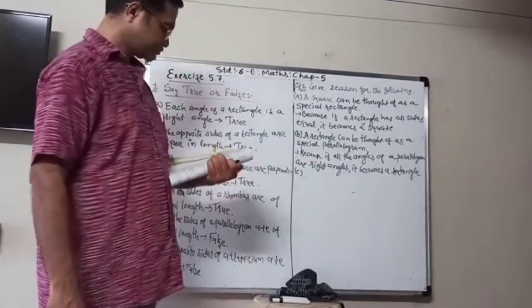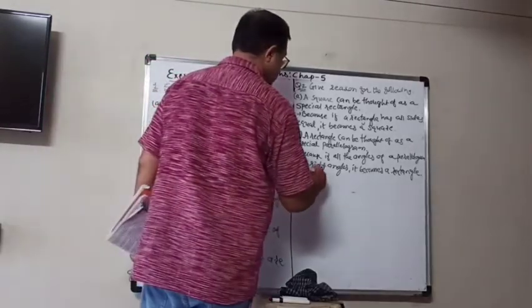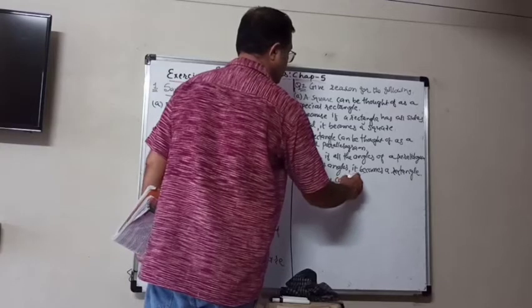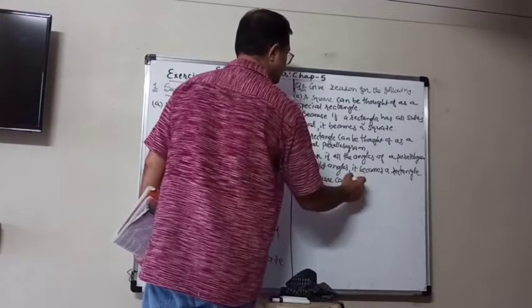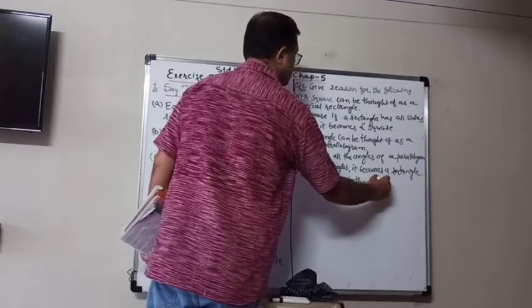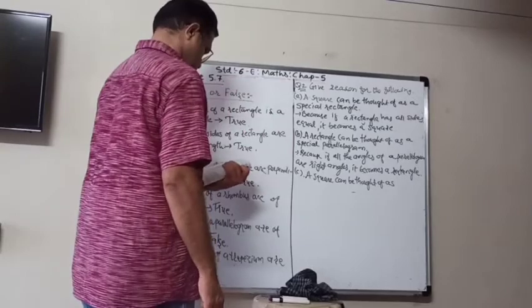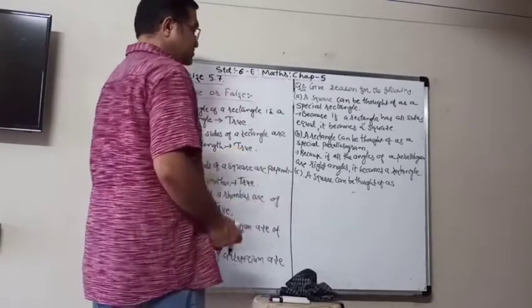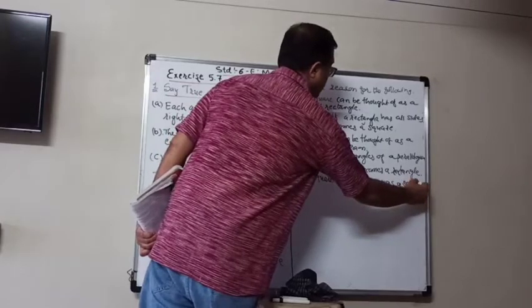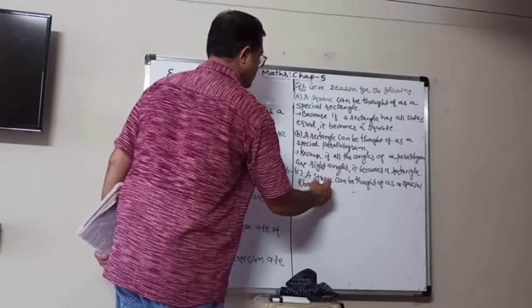See, a square can be thought of as a special rhombus.